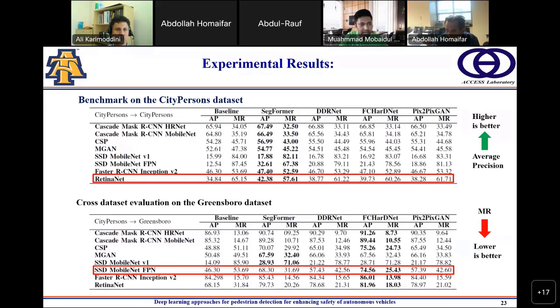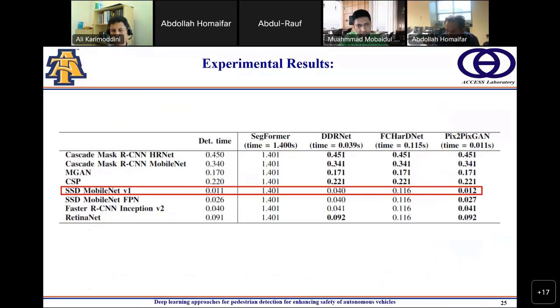If you see our runtime efficiency, after combining pix-to-pix GAN and SSD MobileNet, our speed is almost 90 frames per second.